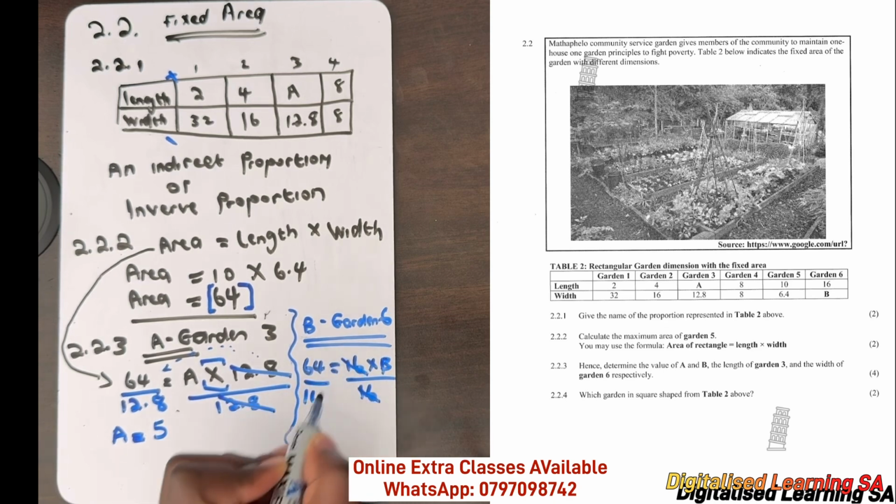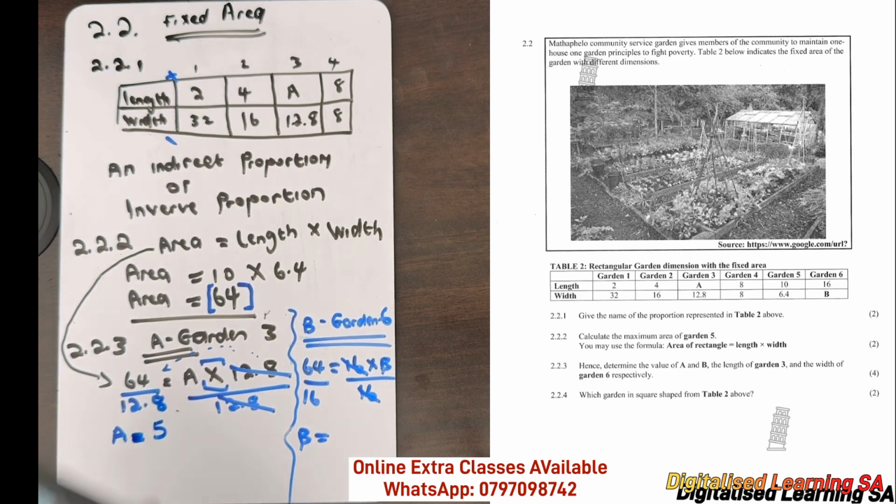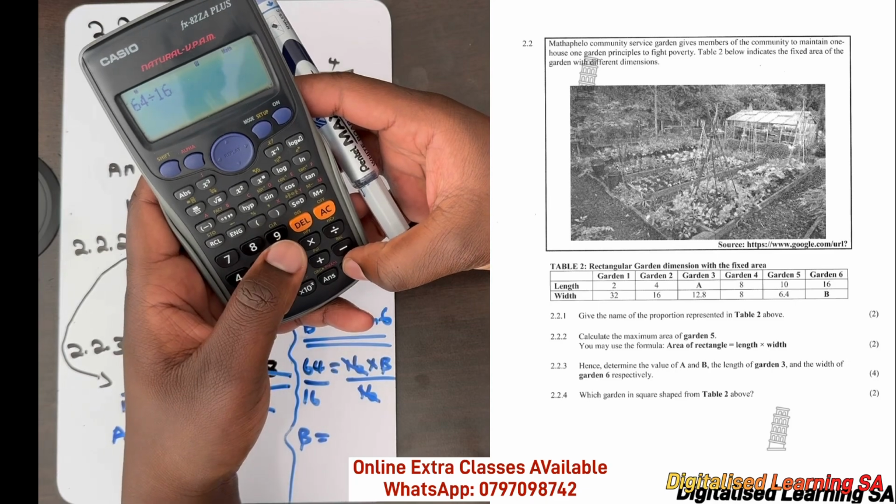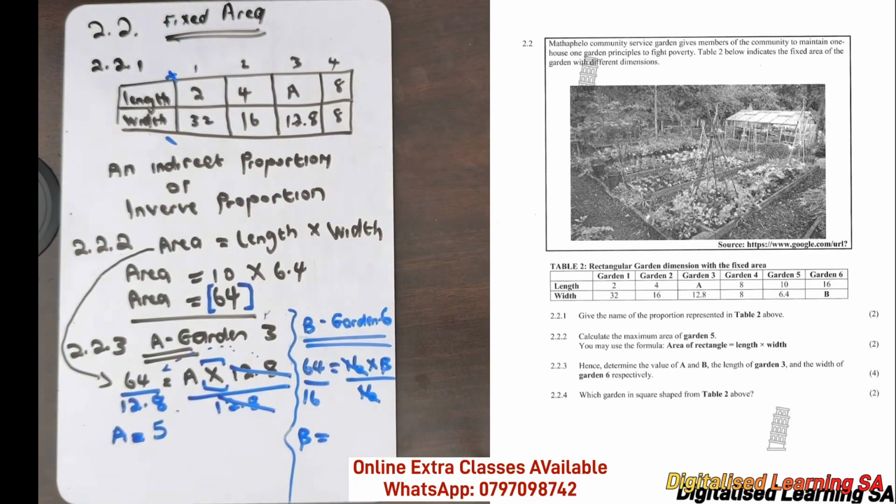The 16 cancels, and B will be equal to 64 divided by 16. 64 divided by 16 is 4, meaning that B will be equal to 4. Okay, now we are done answering question 2.2.3.